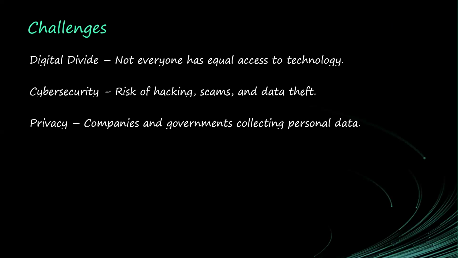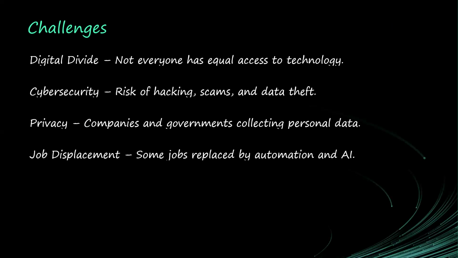Privacy: companies and governments collect personal data. Most of these websites collect your personal data, so there is privacy invasion here. Job displacement: some jobs have been replaced by automation and AI.